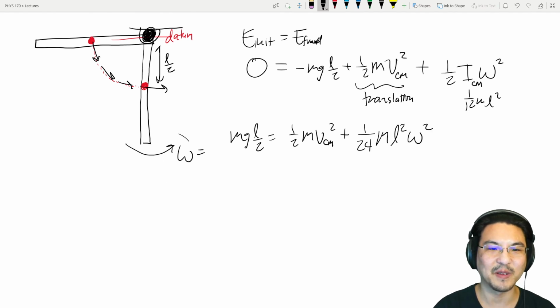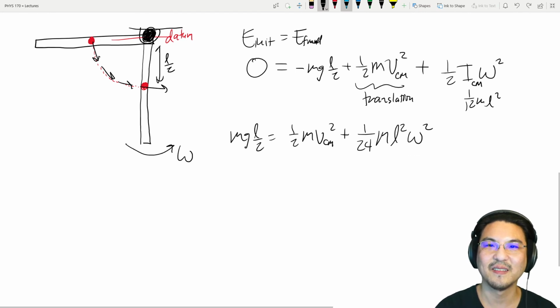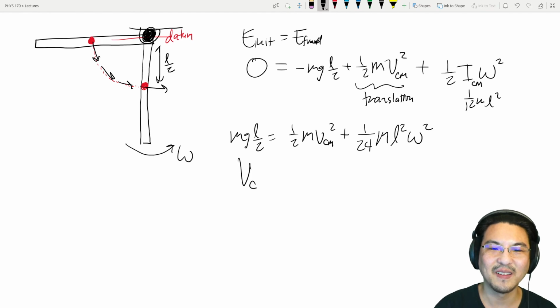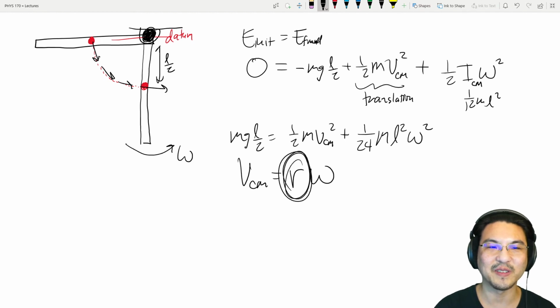Okay, and we want to solve for omega, but then what's up with this, right? So what's the relationship between this and this? And if it sounds familiar, r omega. And what is this radius for this particular example? L over 2.